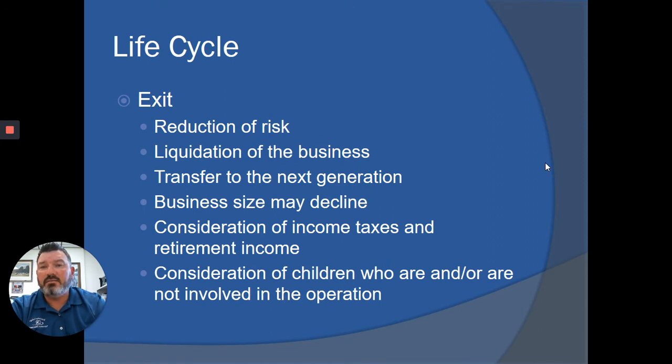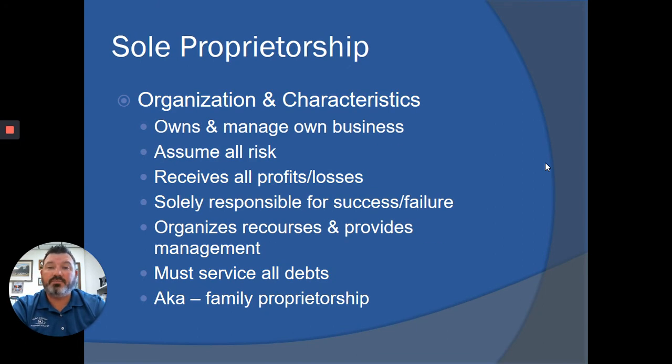And lastly, the exit phase, like we mentioned: liquidation, transfer to the next generation. Maybe you begin to lose size for some particular reason. So you have to consider children who are or are not involved in the operation, and what you're going to do with the assets that you have.